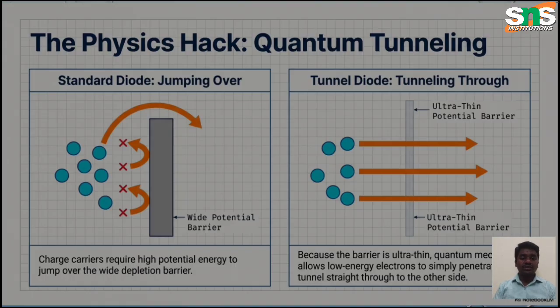For the tunnel diode, we already know that the potential barrier, the depletion layer, is very thin, so it is easy for the electrons or charge carriers to move from one end to the other with a small amount of energy. This is the tunnel diode.